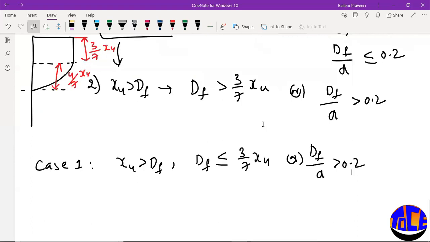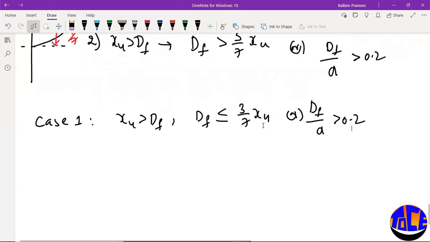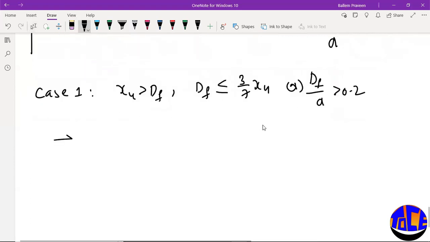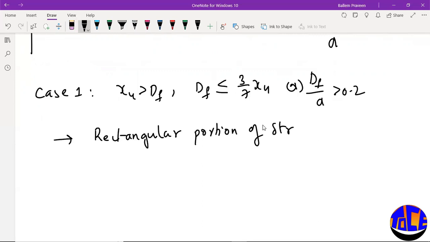If this is the case, that means the rectangular portion of the stress block diagram is within the flange section.